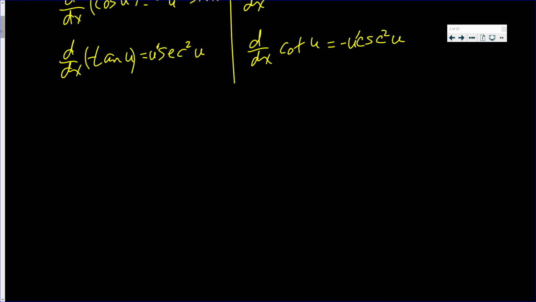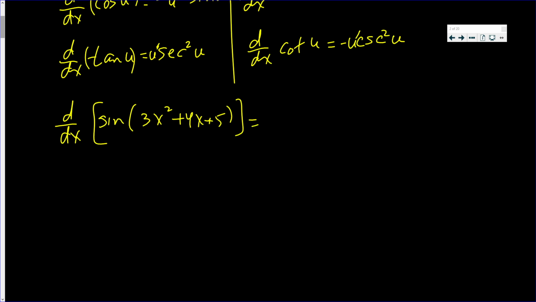So, what if you were asked to find the derivative of the sine of 3x squared plus 4x plus 5? Well, recall that the derivative of sine of u is cosine of u times u prime.